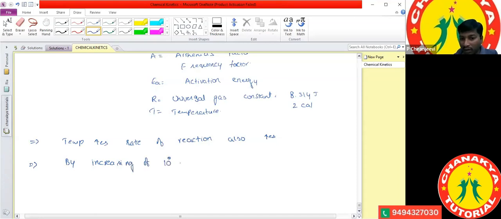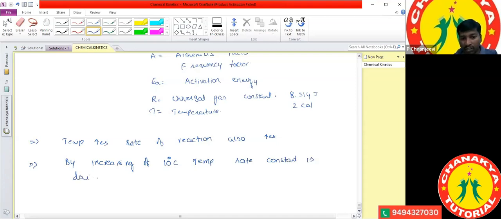At the same time, by increasing the temperature by 10 degrees centigrade, the rate constant is doubled.